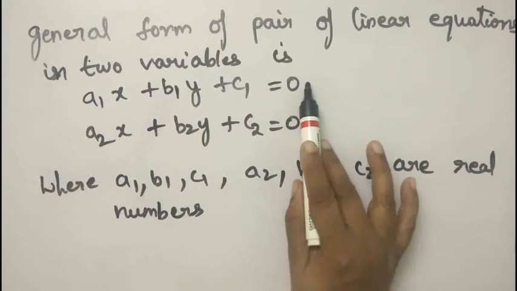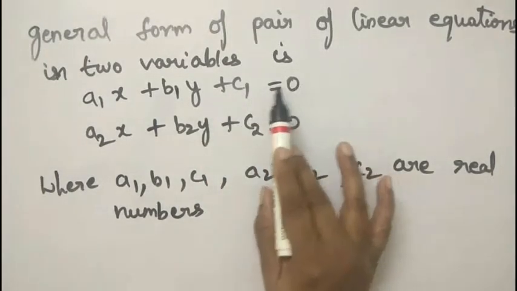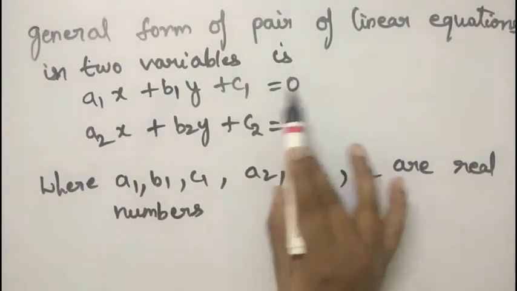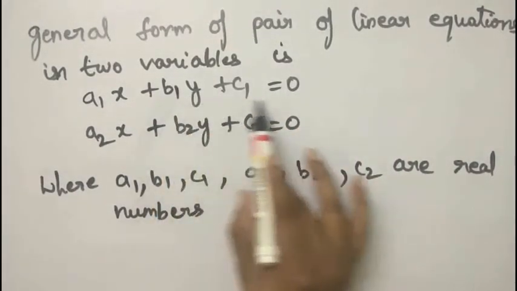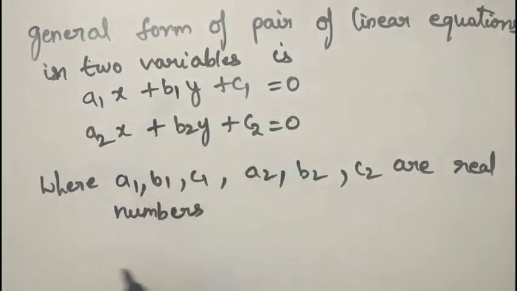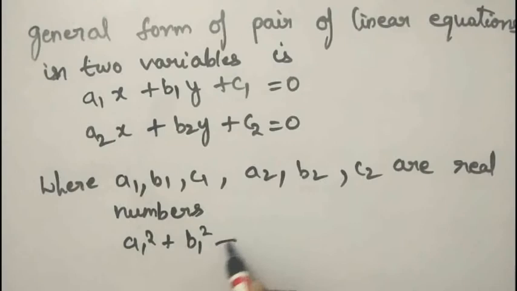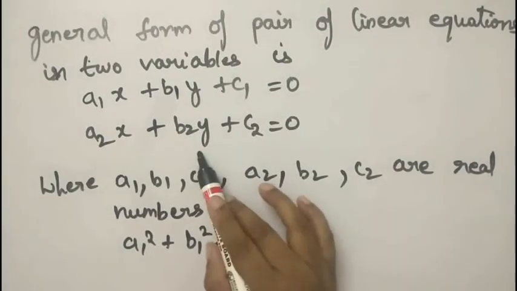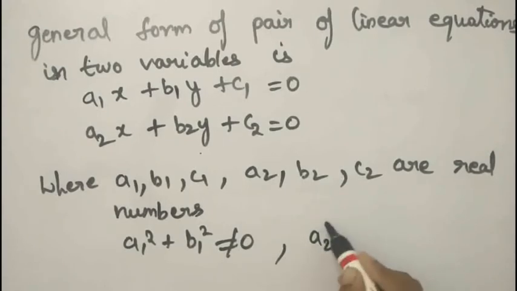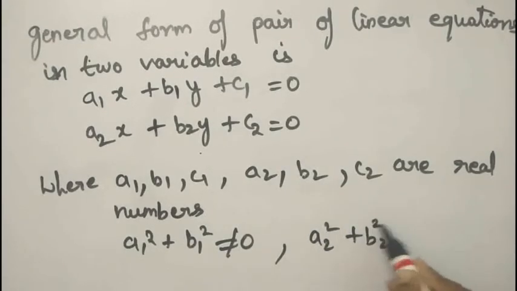For the first equation, the condition is a1 square plus b1 square not equal to 0, meaning a1 and b1 should not both be 0. And for the second line, a2 square plus b2 square not equal to 0.